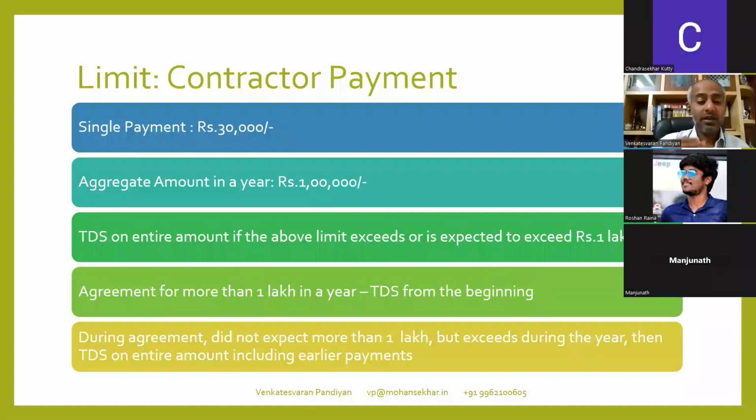So suppose at the time of agreement, I only envisaged 70,000, which means TDS is not required to be deducted. But over the period of time, it crosses more than 1 lakh. So for the entire 1 lakh, TDS at 1% or 2%, whatever is applicable, has to be deducted and paid.